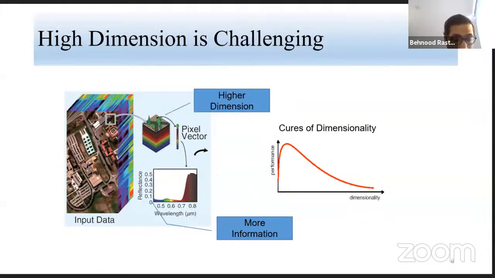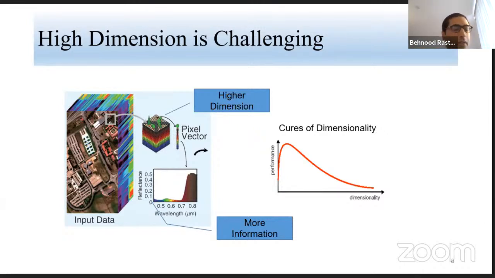With hyperspectral images, we get more information, but also a higher dimension than other types of images. This higher dimension needs many more statistical parameters to be estimated, and therefore it often decreases the performance of conventional techniques.